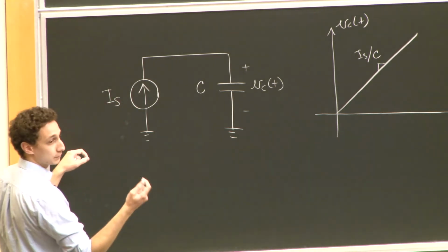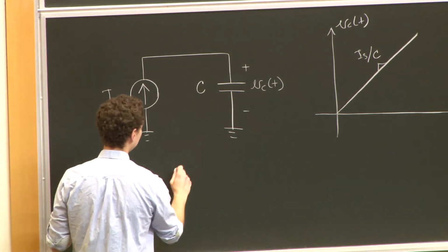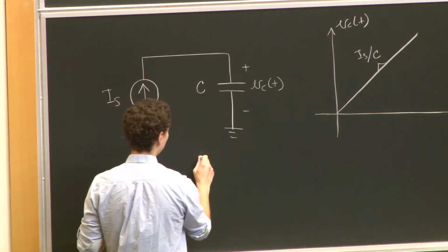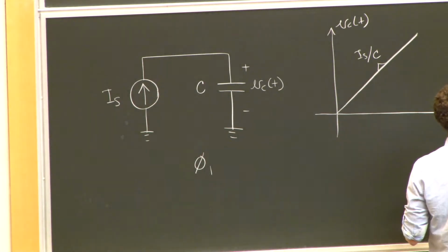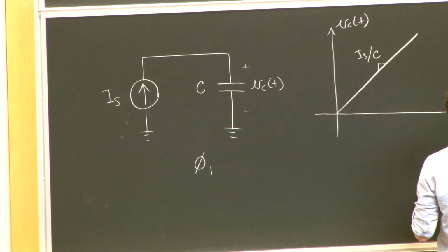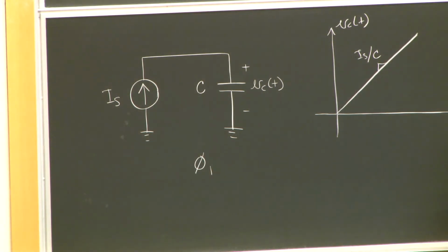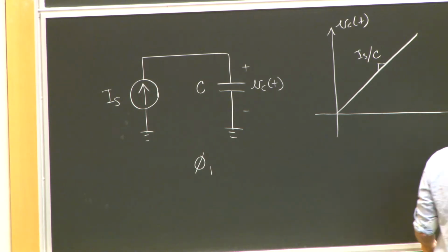So I do this for some amount of time. So this is what my circuit looks like in, let's call it phase 1. Then in phase 2, I take that current and I just flip it over. Here's my capacitor. Here's my Vc of t, my capacitance.